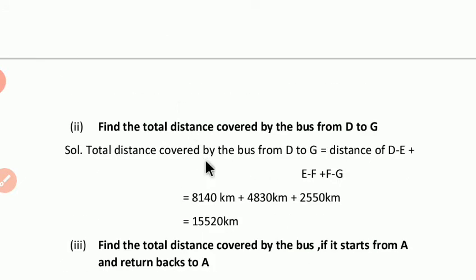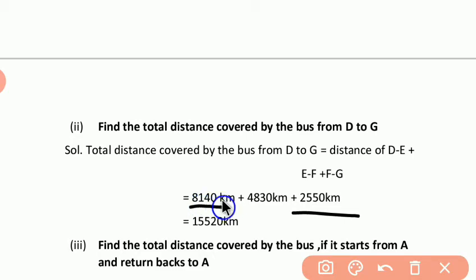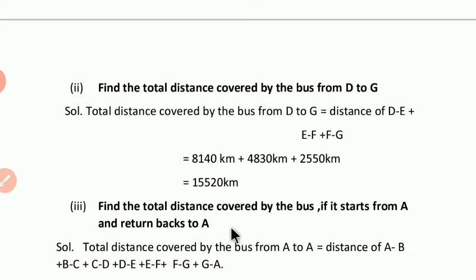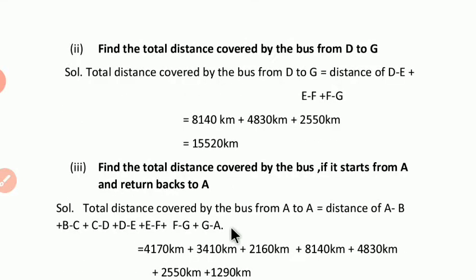So we put these distances in our solution: 8,140 km plus 4,830 km plus 2,550 km. If we add these distances, we get 15,520 km. So the total distance covered by the bus from D to G is 15,520 km.